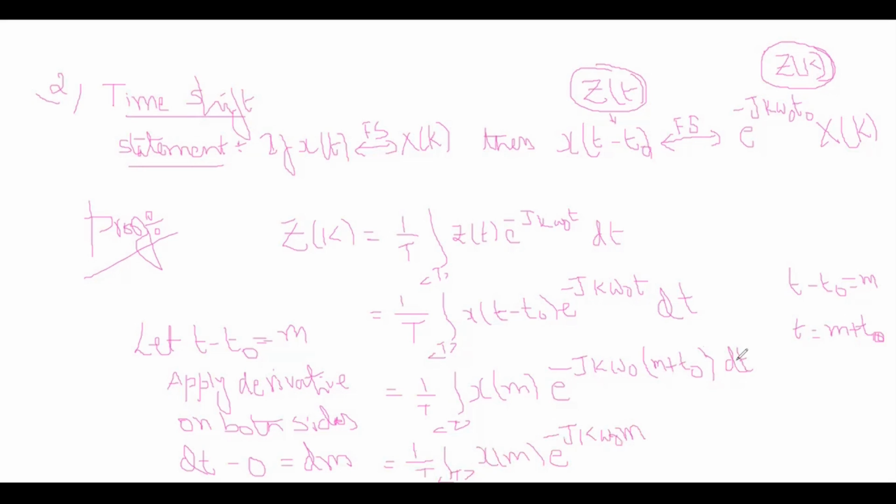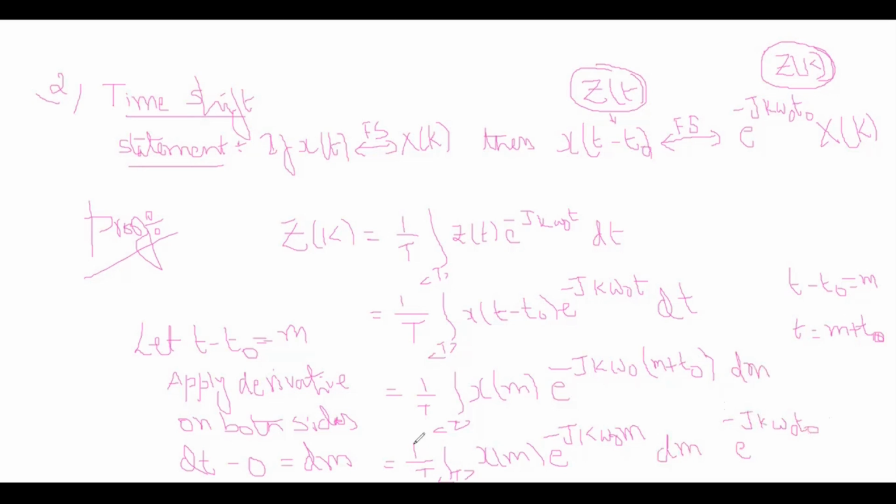Sorry, it is not dt, it is dm, because we are changing to the m values, so taking dt as dm. And another factor here, e power minus jk omega naught into t naught, my dear students.